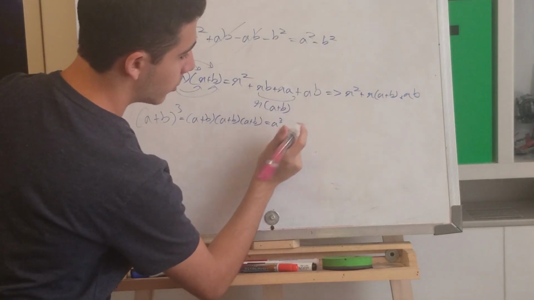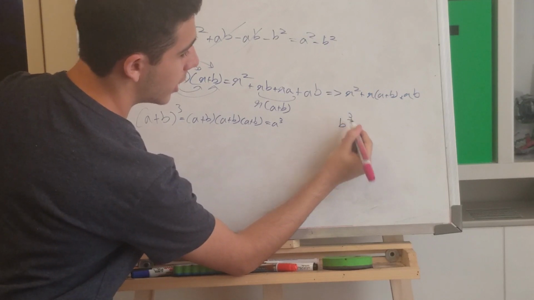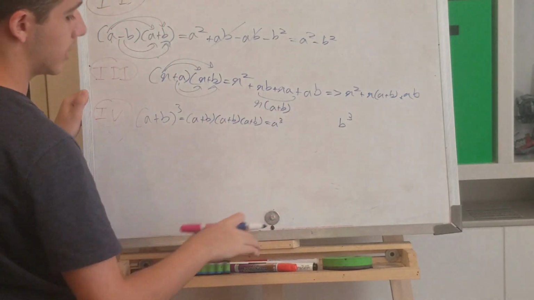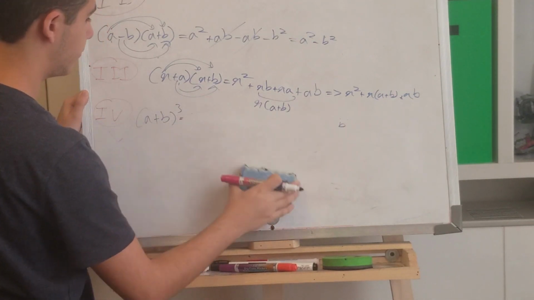Now, the easier way is, first of all, my way is you write one a cubed here and b cubed here, although that's a small place. Let me draw it better.